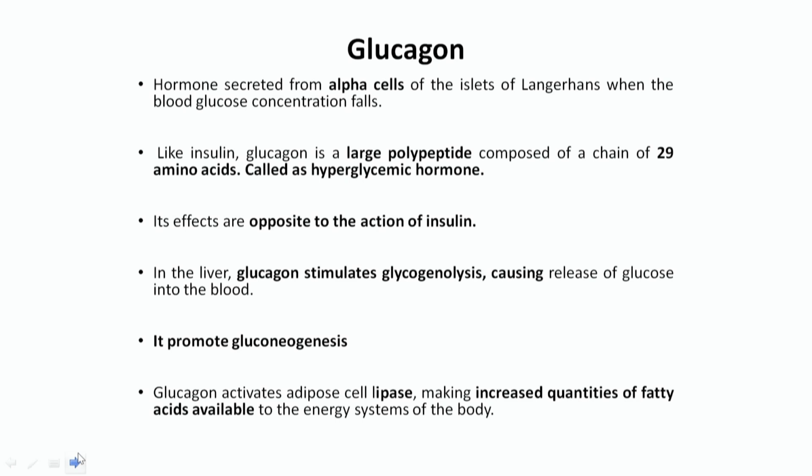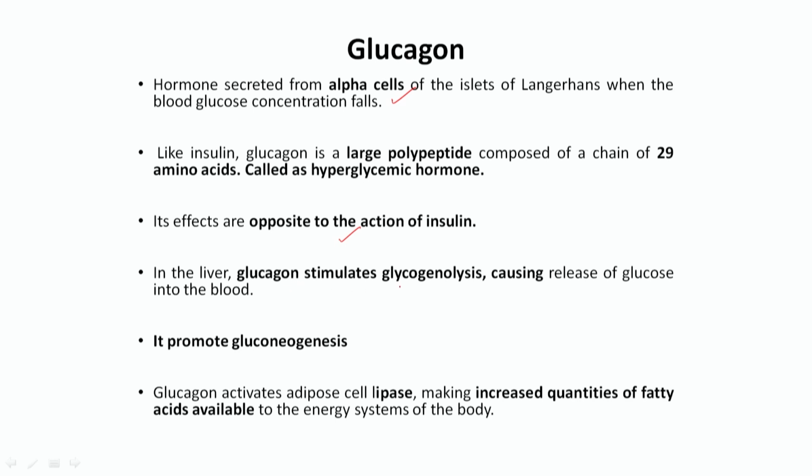That is the hormone insulin, which is secreted from the beta cells. Another hormone is called glucagon, which is secreted from the alpha cells of the islets of Langerhans, and it has the opposite action to that of insulin. Whatever the action of insulin, glucagon has exactly the opposite.